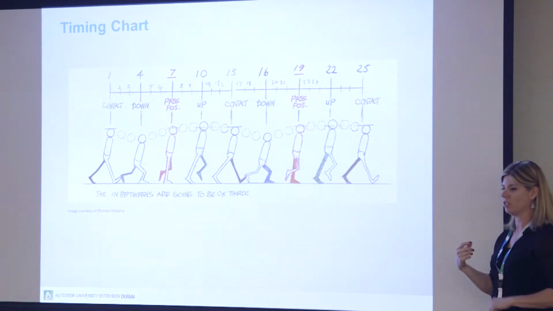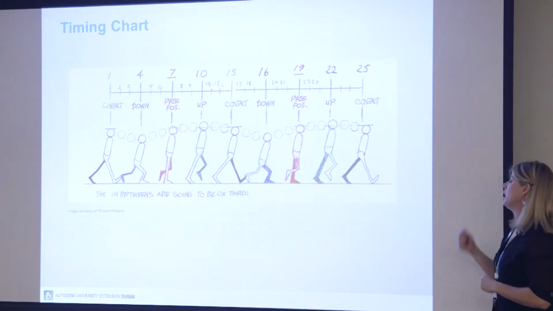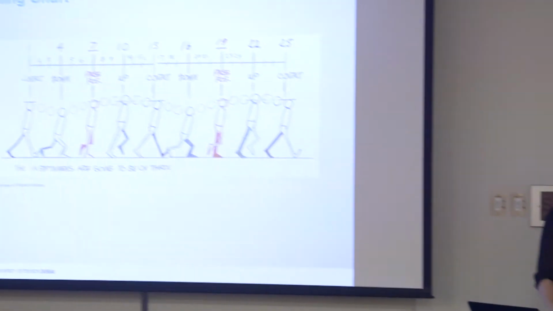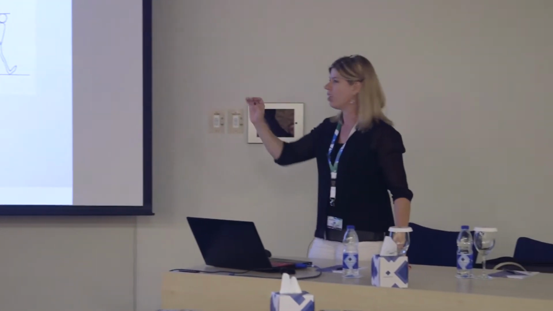You have to adjust it so that one leg is going faster than the other leg to make a character limp. So the timing chart can be really important, and it's also useful for other people to help you correct your animations. They might say, well, on frame 10, you shouldn't have this happening. So it makes it really specific when you need to adjust something, which is really useful.